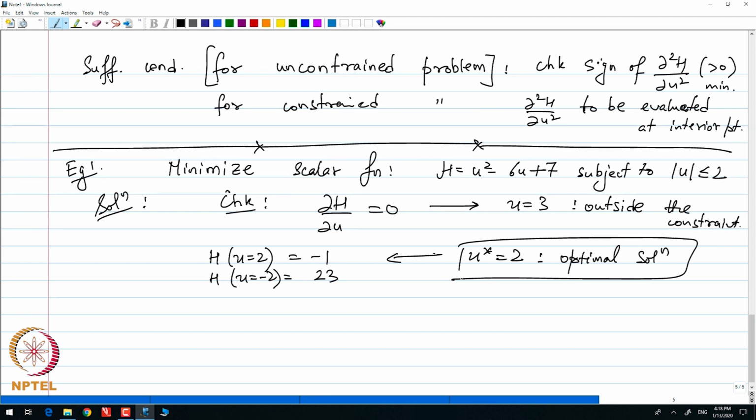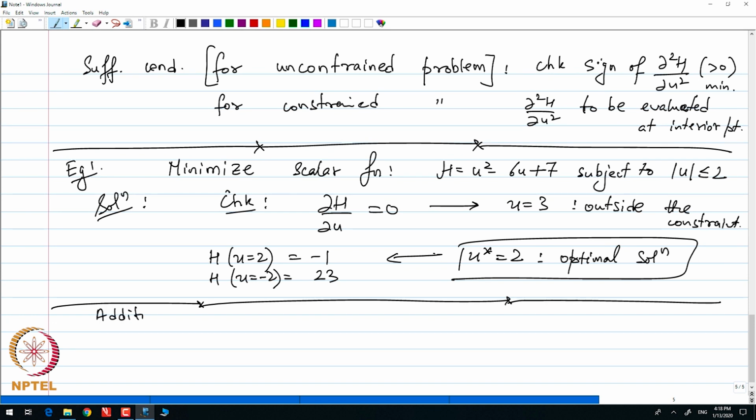Okay. So, then let me wrap up the discussion of this part of the constraint optimization before giving examples by mentioning two other points. The first point is we have two additional necessary conditions.